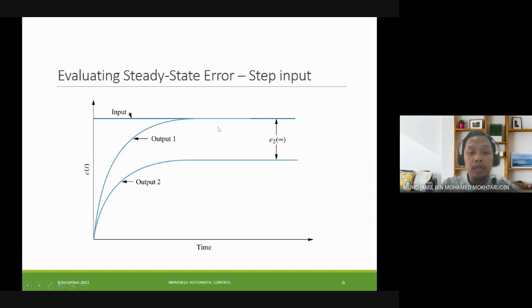Output number 1 shows that there is no error, because as the time approaches infinity, the value of output number 1 reaches the value of input. So there is no steady state error. But for output number 2, there is a steady state error because it doesn't reach the value similar to input. So for output number 1, the error is 0. For number 2, the error will be constant as the time approaches infinity. Okay, so the error is maintained the same.